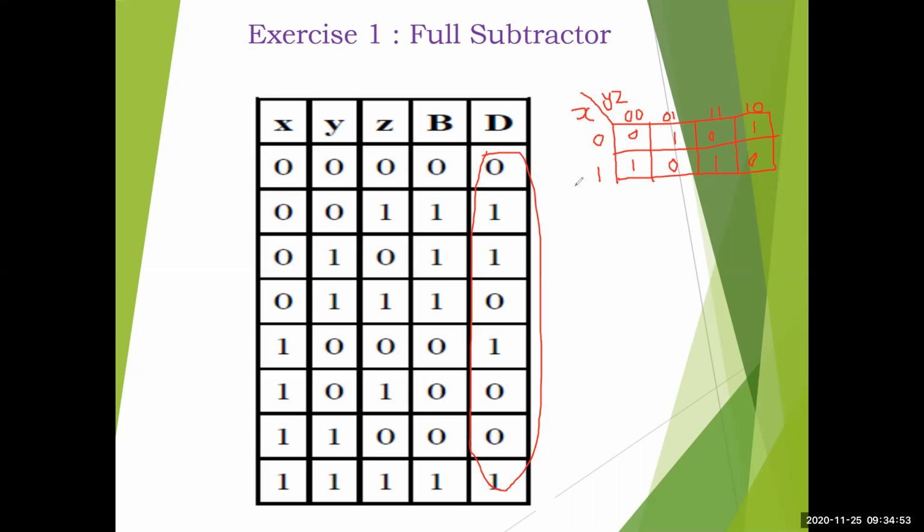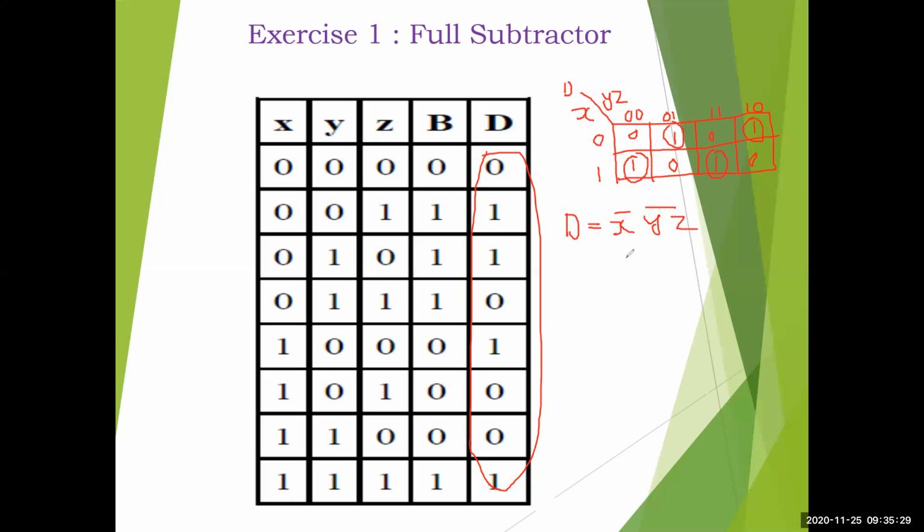By looking at the K-map, you come to the conclusion that you cannot group any of the bits, so these are individual bits. Now if you write the expression for the D output, the difference output, D is equal to: the first one is 0 0 1, and 0 means complement in sum of products form, so it is x bar y bar z.